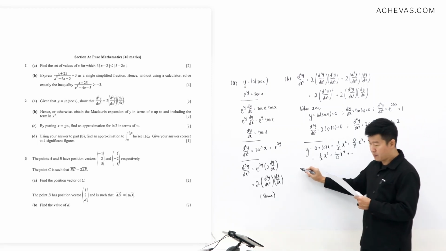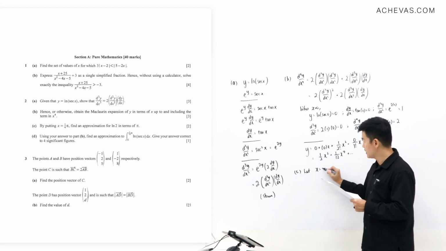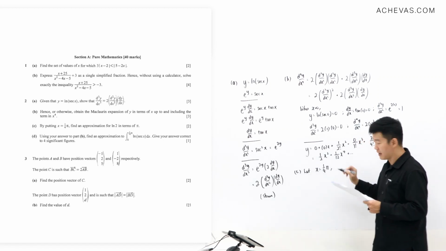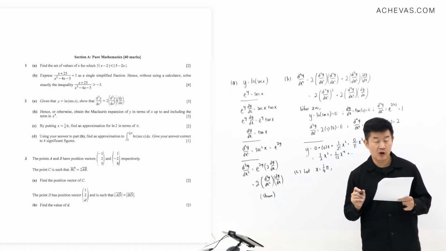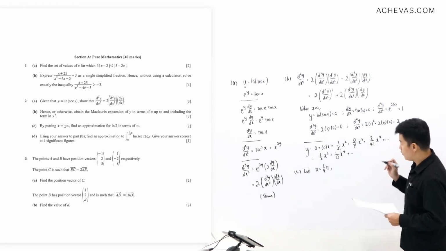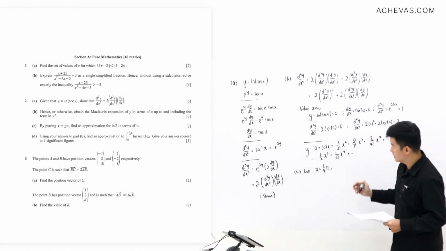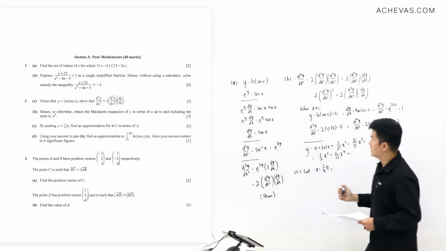And for part C, we are supposed to let x be equal to 1/4 π. By doing so, our attempt is to find an approximation for ln 2 in terms of π. So I'm going to substitute into this, and let's not forget what y is. y is ln secant x.